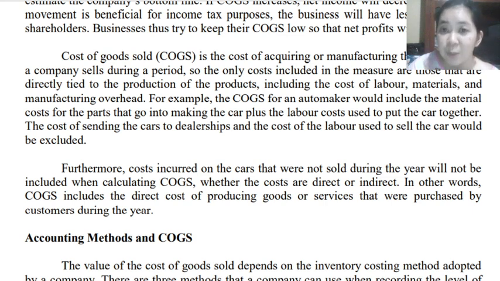So cost of goods sold again includes only the direct cost of producing those goods or rendering those services that were purchased by the customers during the year. Okay, so this is for our cost of goods sold. So accounting methods for our cost of goods sold will be discussed in the next video lecture.